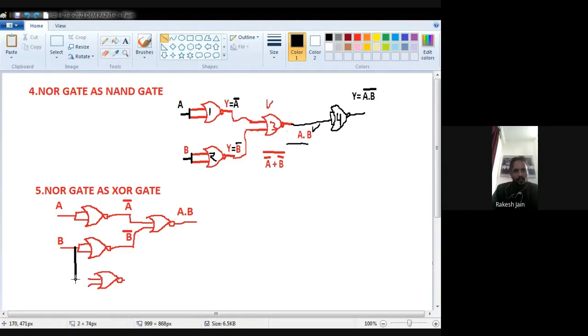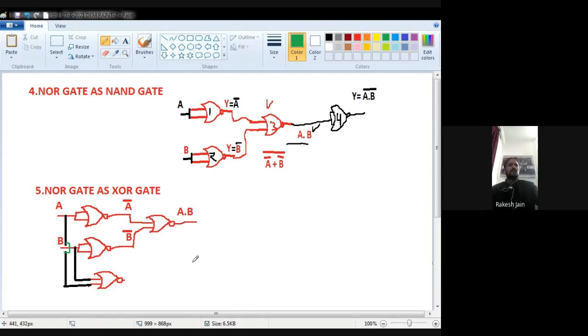I use a straight line instead of this type of curve, so see carefully. One is this, one is this, and with the help of this green color I show you the jumper wire.